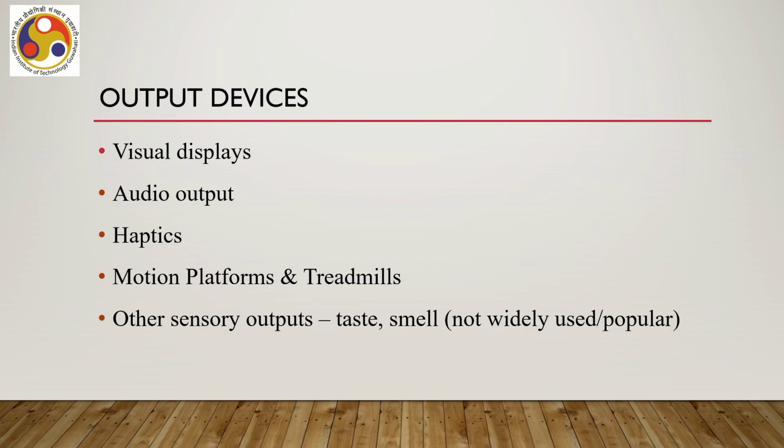That means outputs meant to stimulate other sensory organs such as taste and smell, namely the tongue and nose, but these are quite premature systems, not widely available or even popular. So, we will skip any discussion of these. They are still confined mostly to highly specialized environments or research. We will mostly focus on visual displays, audio output, haptics and motion platforms and treadmills.